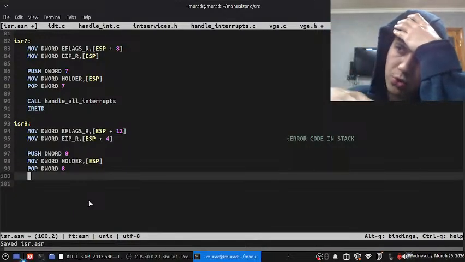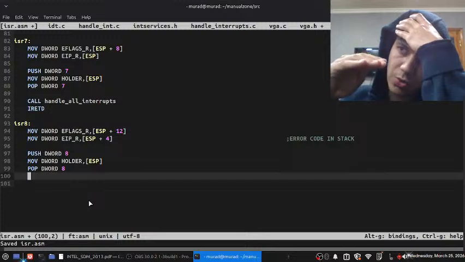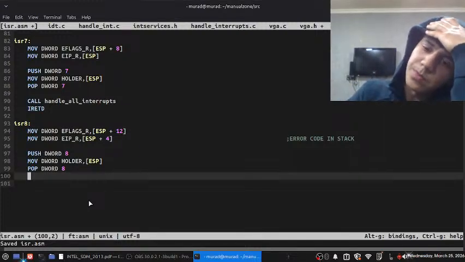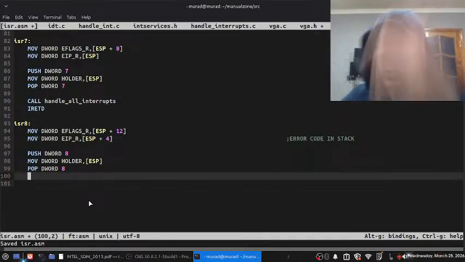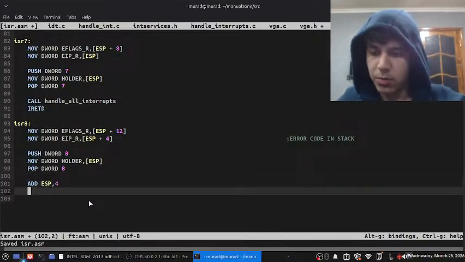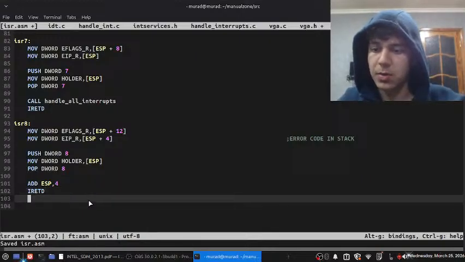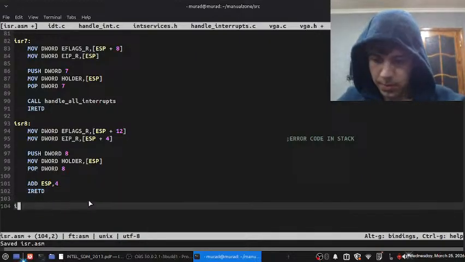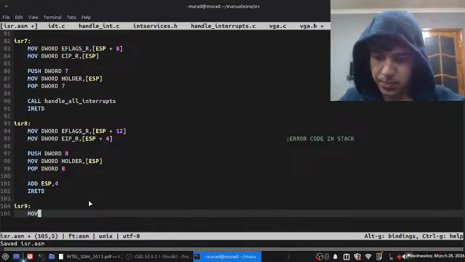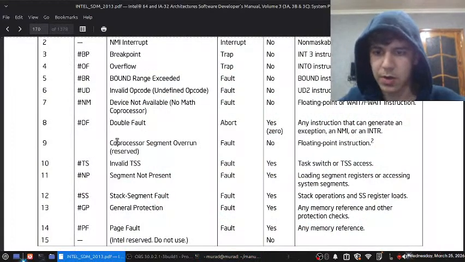I pushed something as the error code. There will be a holder here and my error code, then add ESP 4 and return from interrupt. This is ISR 9. Oh, it's reserved.